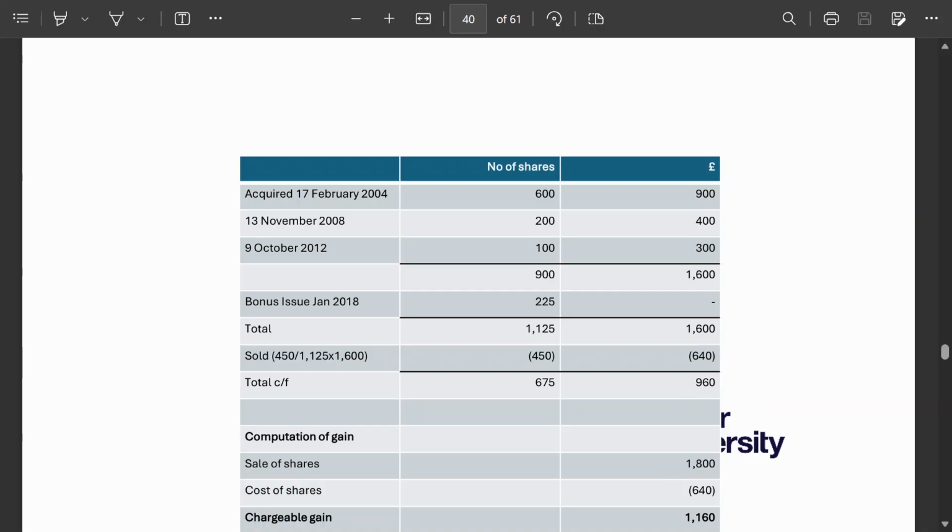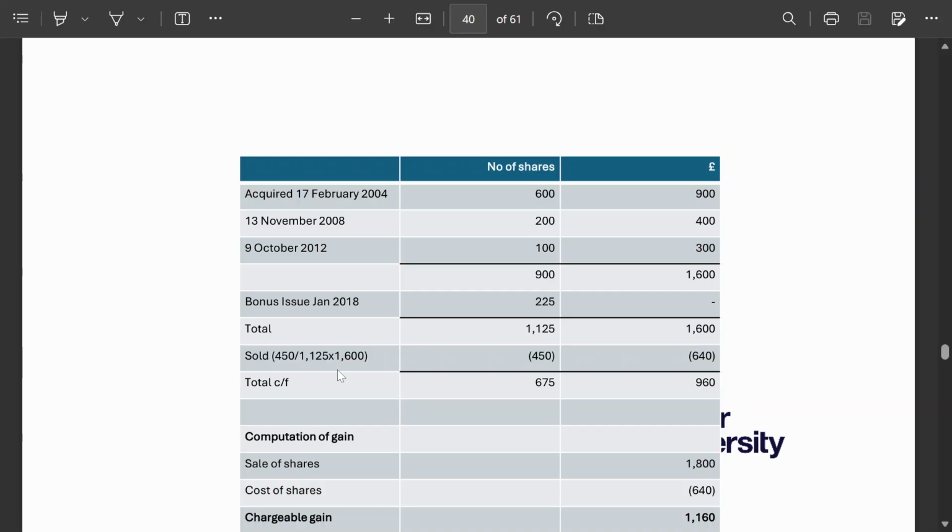How do I get this 640 number? Again, I have to use the same concept. I have to apply it against the existing 104 holding. So what is my existing pool here? I have 1125 shares at a value of 1600. I'm taking 450 out of that, so I take 450 divided by 1125.